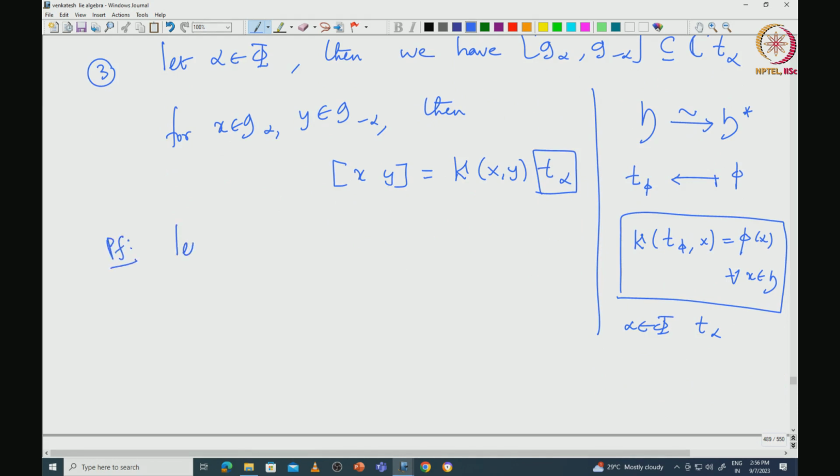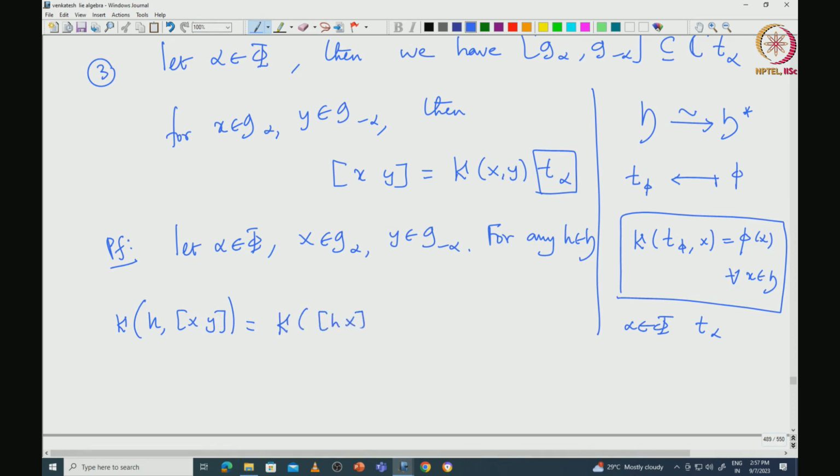So, you take again alpha in phi and x in G alpha, y in G minus alpha. Then for any h in H, let us compute kappa of h comma bracket x y using the associativity of kappa. This is given by kappa of bracket h x comma y.